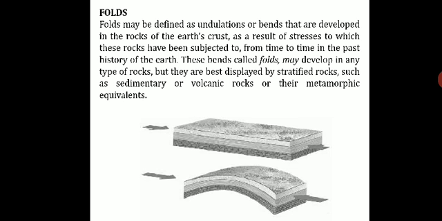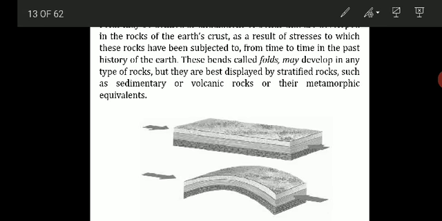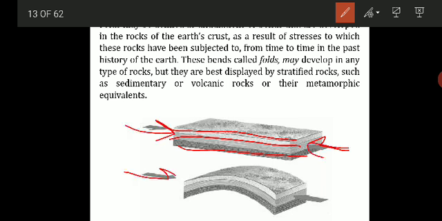And the metamorphic equivalents of those sedimentary and volcanic rocks. So what is a fold? You can see here there was horizontal strata, and this strata was subjected to compressional forces, and because of those forces acting on the rocks, they started bending.